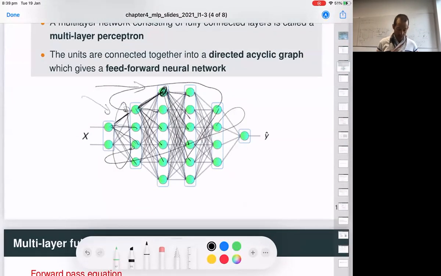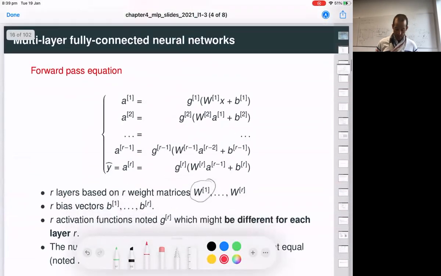So this is the weight for W1 here. And the second, I hope you see, this is all the weight for the second part. And so on and so on. Okay, for the notation.